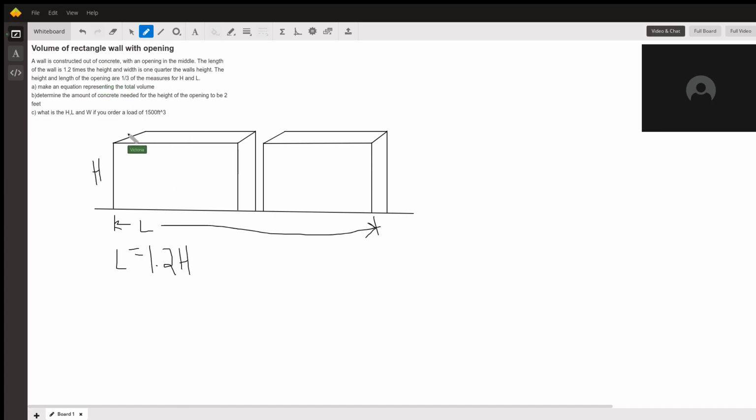And the width, that would be this dimension, how far back it goes. Our width is 1/4, or 0.25, times the height.